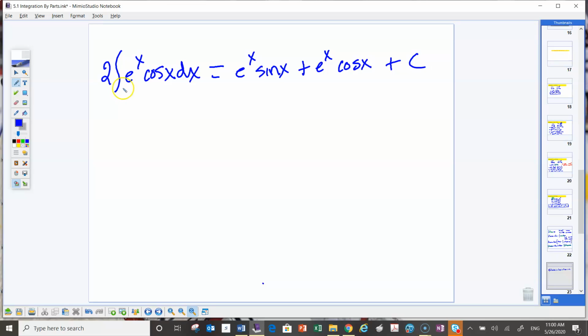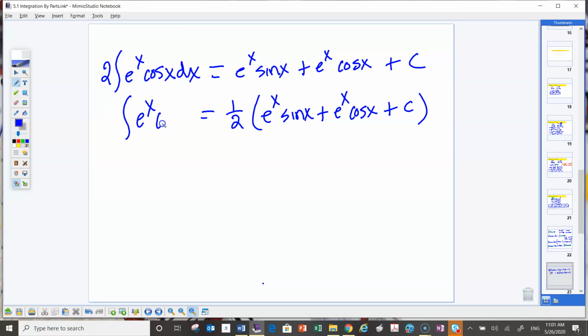And finally, the last thing I need to do is divide everything by 2. So this is going to be 1/2 times e to the x sine x plus e to the x cos x plus a constant, and that would be my integral of e to the x cos x dx.